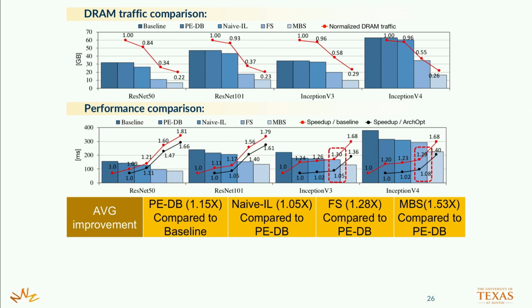And if you look closely at the results for Inception V3 and V4 for full serialization, their speedup is much lower than in the other cases, because they have to propagate a much smaller number of sub-batches at a time, and then they actually cause more weight and weight gradient refetches, which affects the performance.